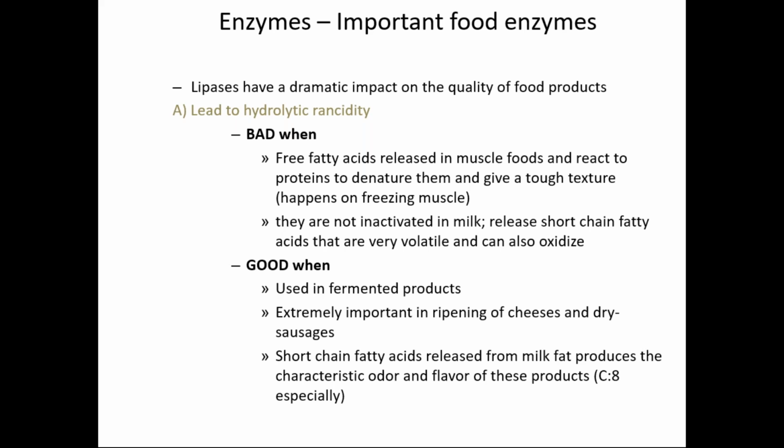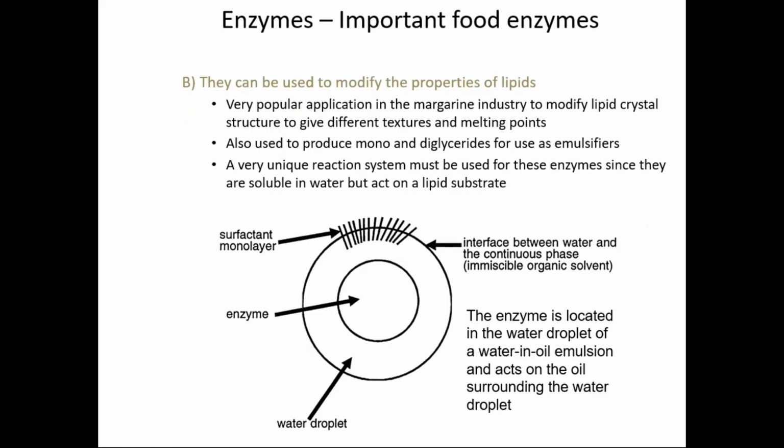And some lipases are good when they are used in fermented products, extremely important in the ripening of cheese and dry sauces, and the short chain fatty acids released from milk produce the characteristic odor and flavor of these products. The lipases are used to modify the properties of lipids, especially in the fat industry.